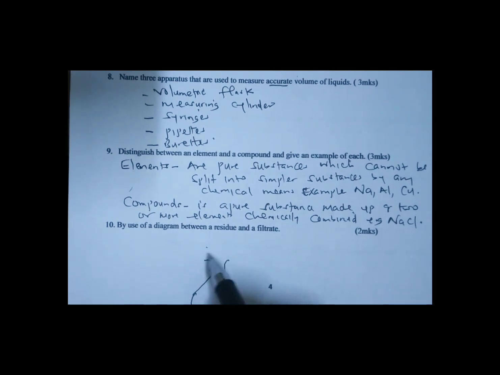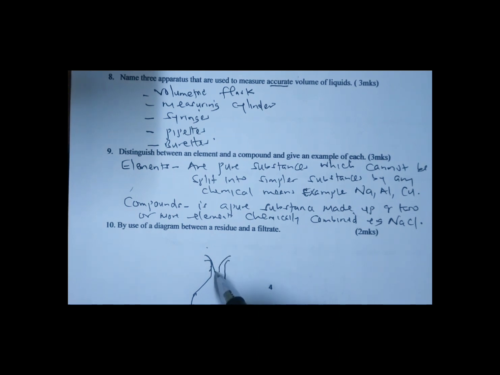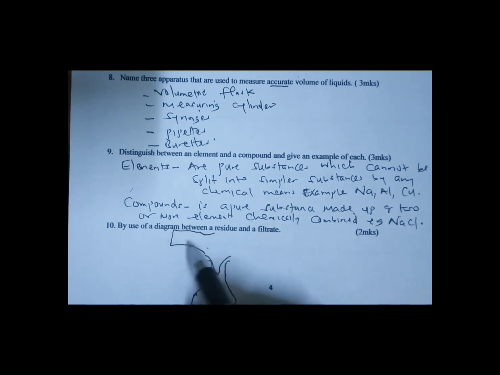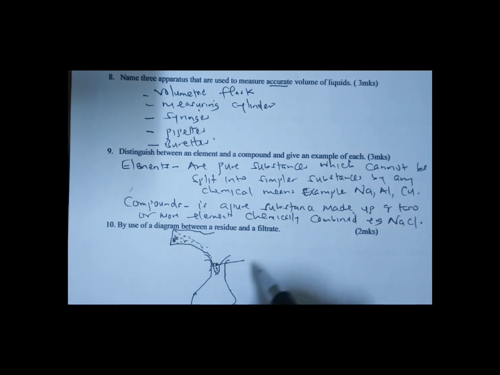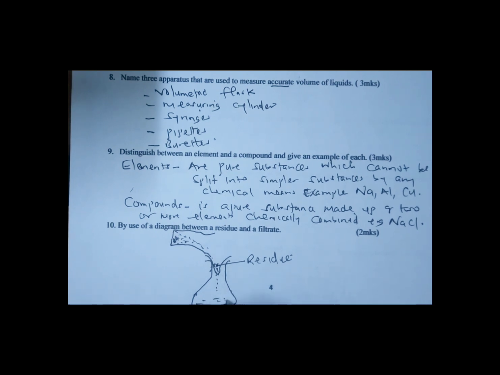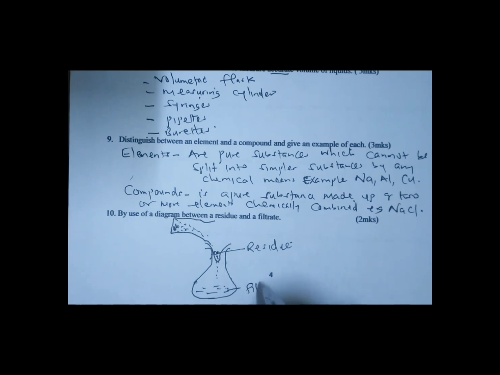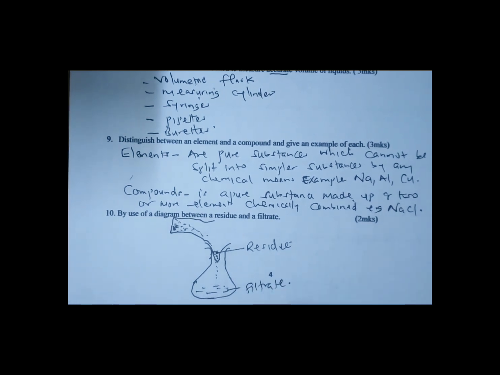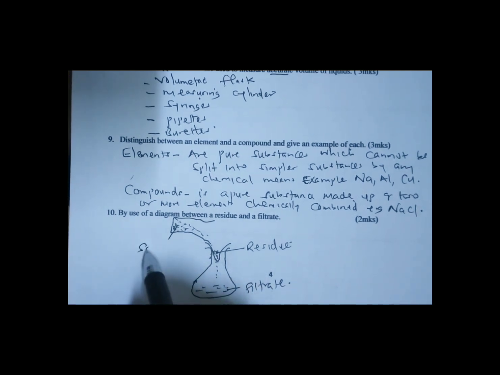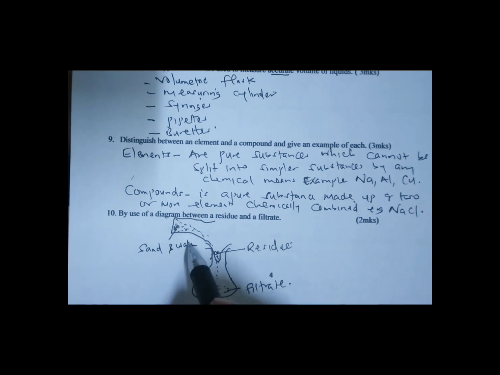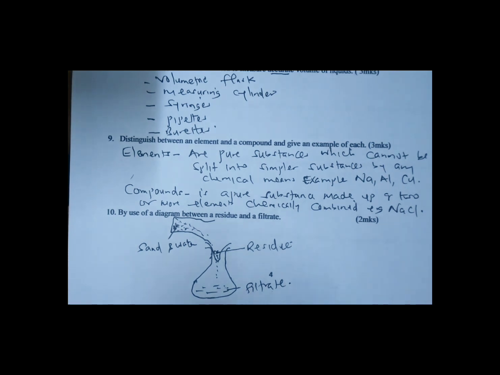Water and sand do not mix, and therefore if you use a funnel here, a filter funnel, so this is the mixture of water and sand. Sand will remain on the filter paper as the residue. The liquid that goes through the filter paper in this case will be our filtrate. We can give an example of sand and water, and by so doing now you have answered this question number 10.